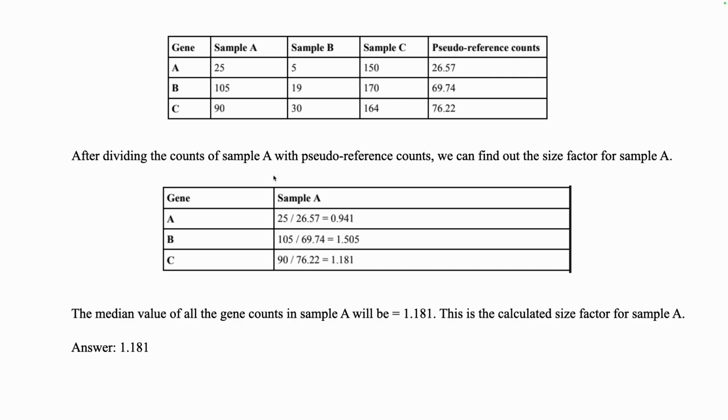For B, it would be 105 divided by 69.74. For C, it is 90 divided by 76.22. These are the values we are getting for sample A. If we calculate the median of these values, we will get the size factor for sample B. When we calculate the median of these values, we'll get 1.81. So this will serve as the size factor for sample B.